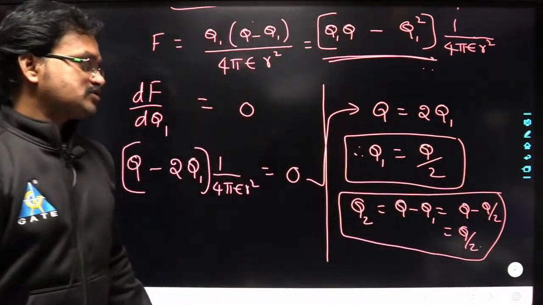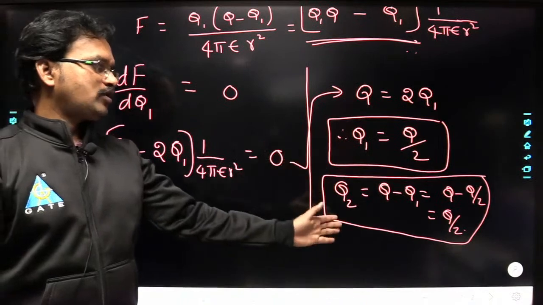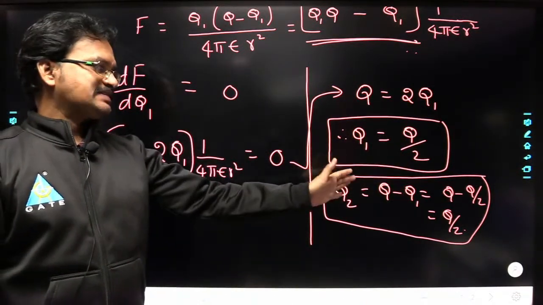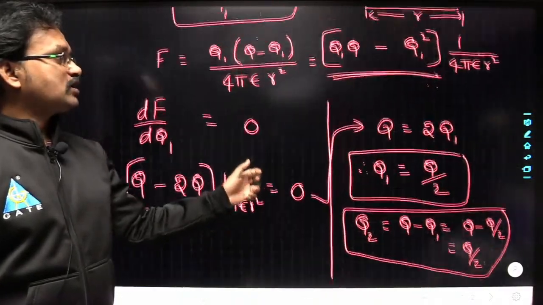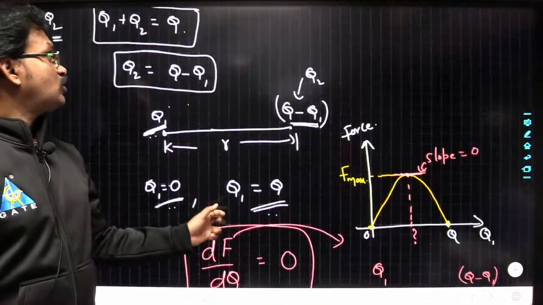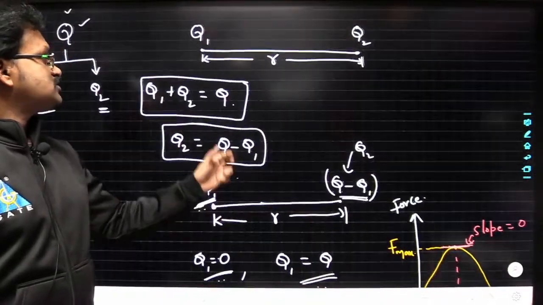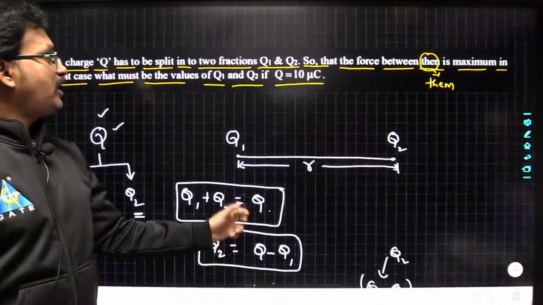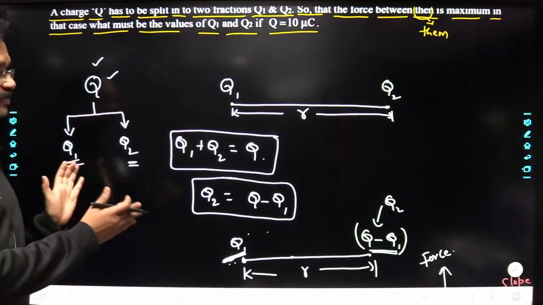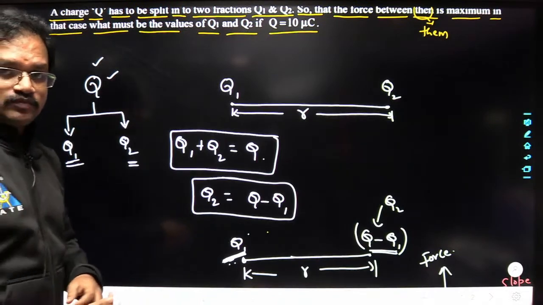So that means Q1 and Q2 must be Q by 2. If you exactly split the total charge Q into 2 halves, then the force between them is going to be maximum.